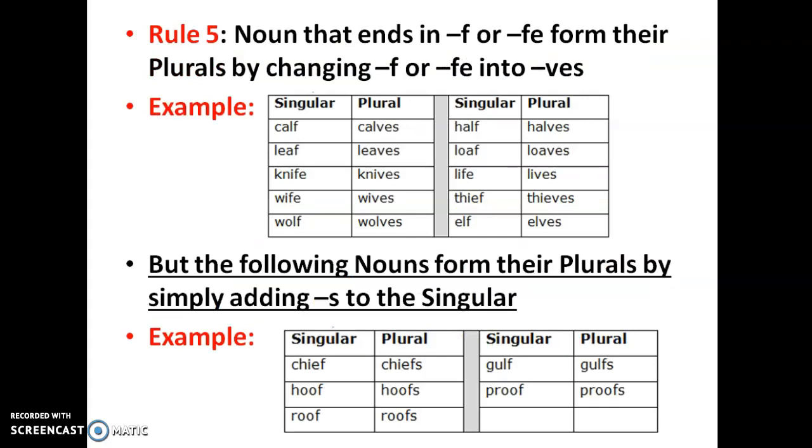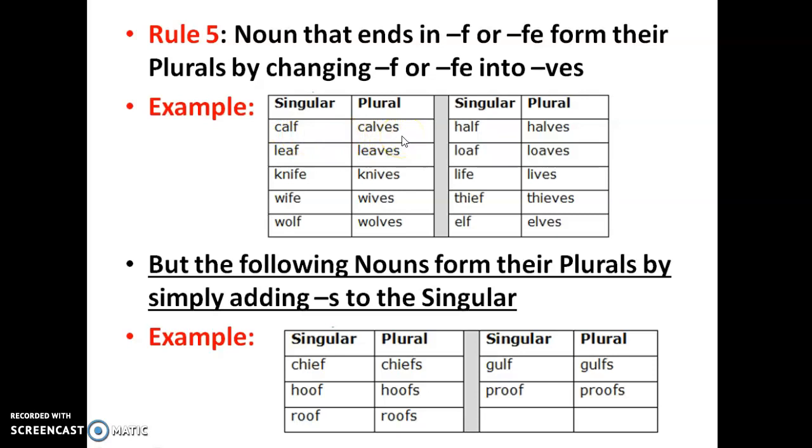Nouns that end in F or FE form their plurals by changing F or FE into VES. Okay. So let's see the example. This is first example. Calf. C-A-L-F. Okay, the word is ending with F. So you will replace F with VES.